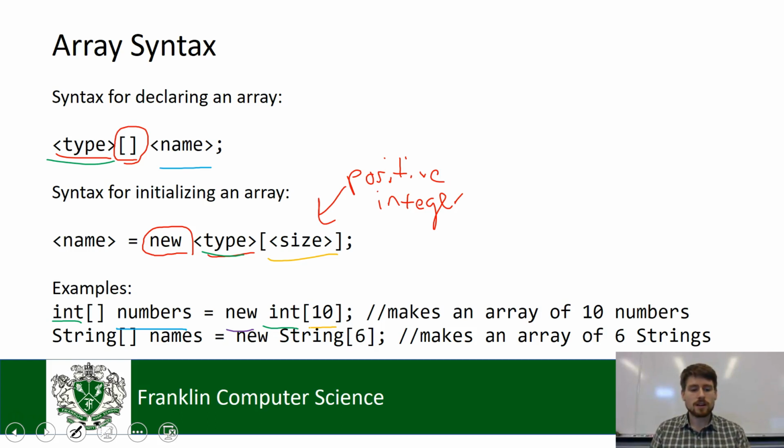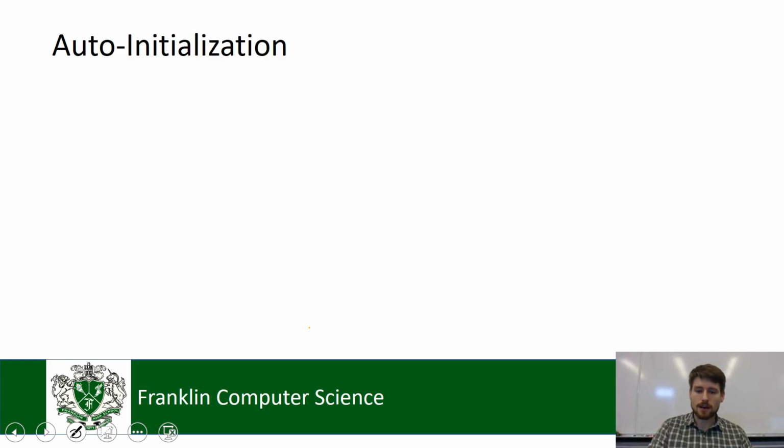So the only difference between the one up above and the one down below is that the type is different, and they're going to make arrays of different sizes. There are a couple other distinctions between these two kinds of arrays. There's actually a little bit more funkiness with the second one than there is with the first one, but we're going to bump up against that later, so don't worry about that for now.